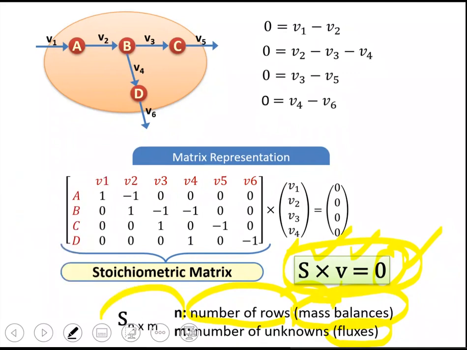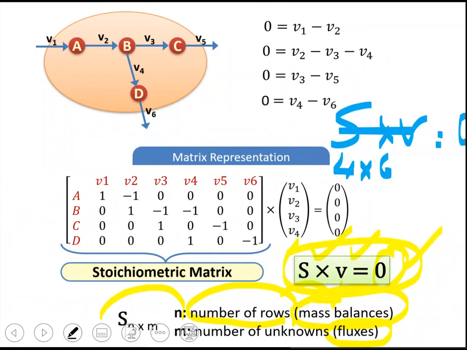So if you write this S dot V equals 0, in this specific example, the dimension of S is 4×6. We have 4 mass balances, and we have 6 fluxes in this system, 4×6. And the dimension of V will be 6×1. We have 6 unknowns, 6 rates. So it's a vector of 6×1.